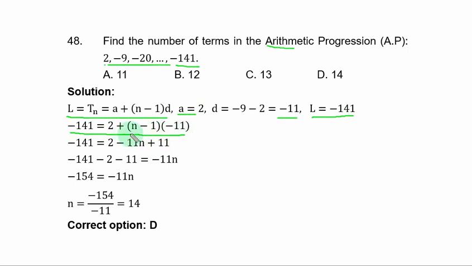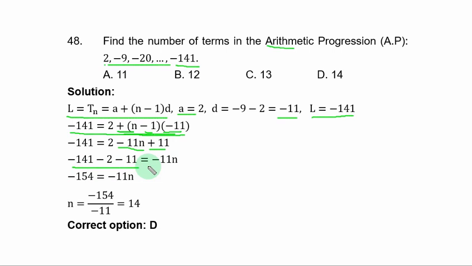So let's simplify this. Minus 11 times plus n, you have minus 11n. Now this plus times minus is minus. So minus 11 times minus 1 is plus 11. So you transfer the constant to the left hand side and you have it in this form.